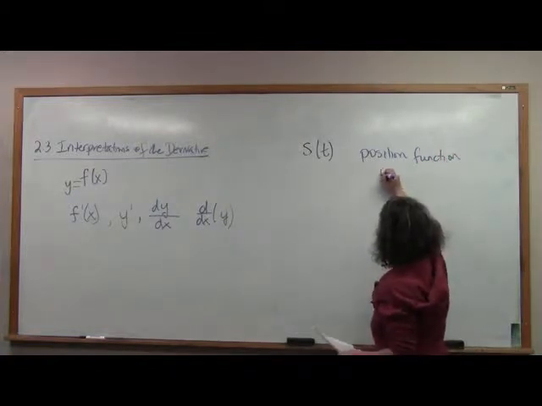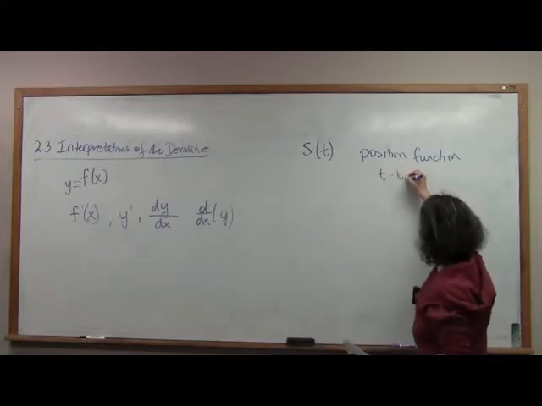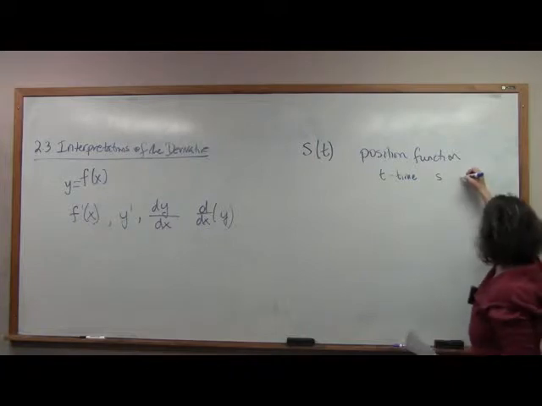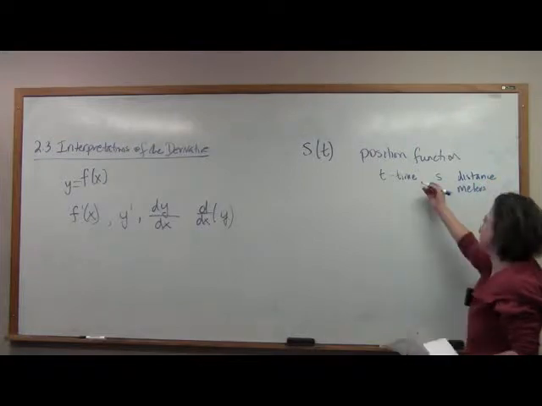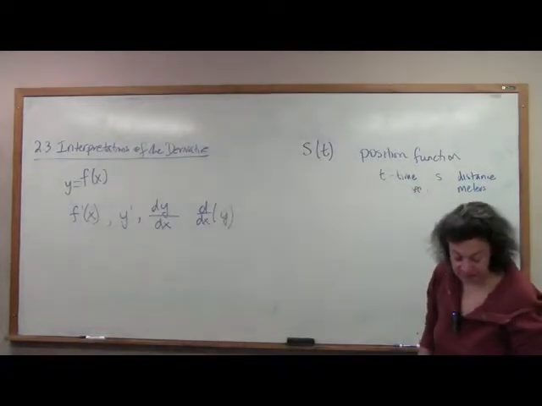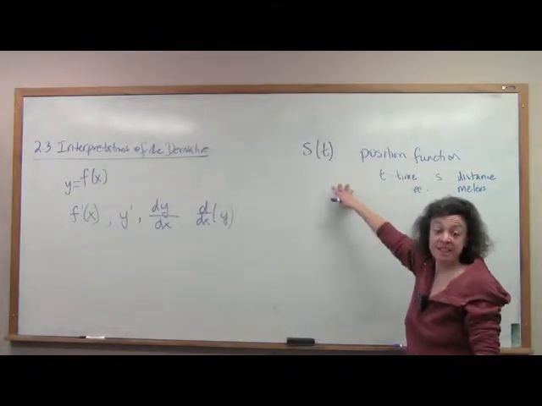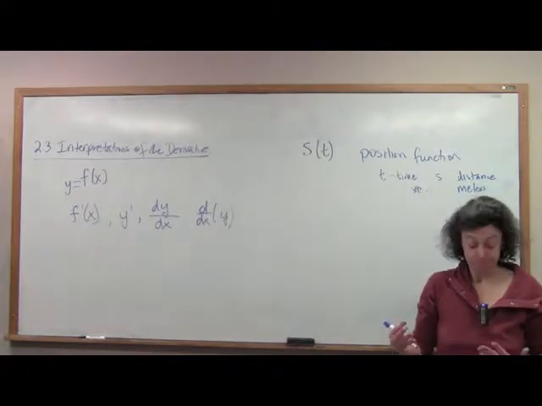And suppose t represents our time, and s represents essentially the distance. And we can just use meters if we would like to, and time being seconds. Okay? So, what we're essentially saying is s of t is the position of an object at time t.